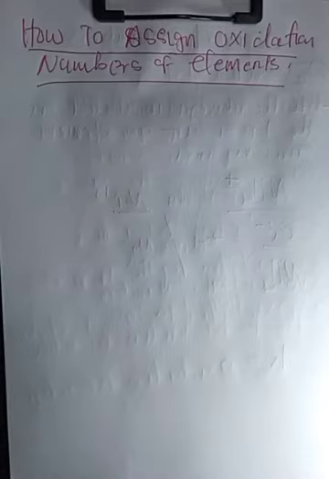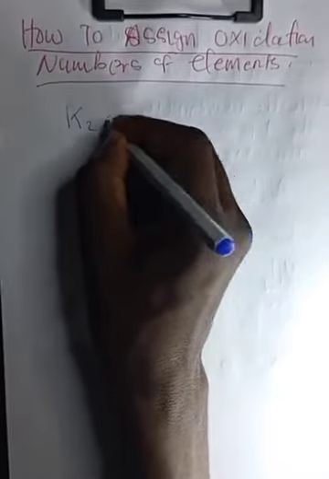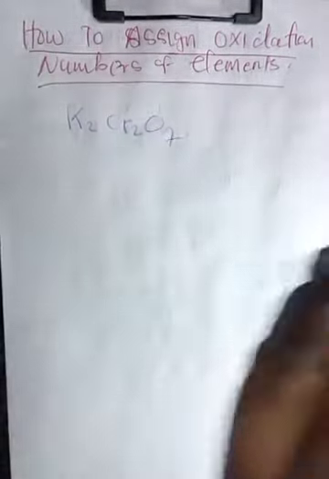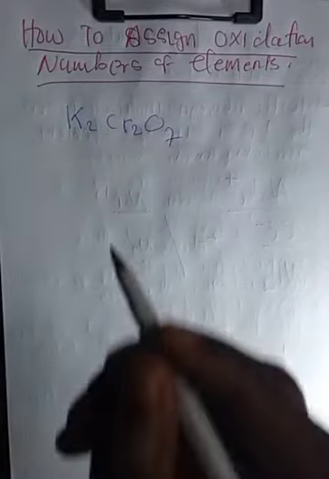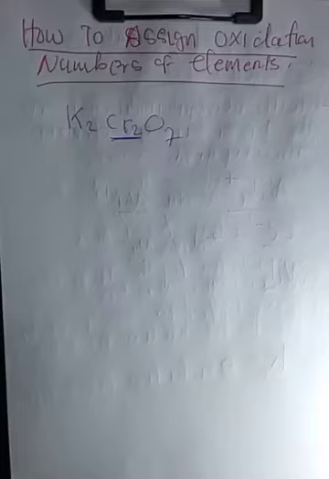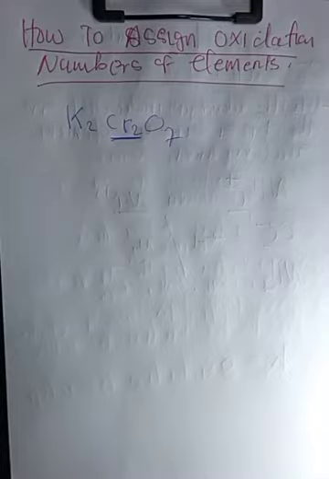To do this, there are some rules that we need to understand. For example, let's take potassium dichromate. In the exam, they can ask you to determine the oxidation number for chromium in potassium dichromate. So how can you calculate this?